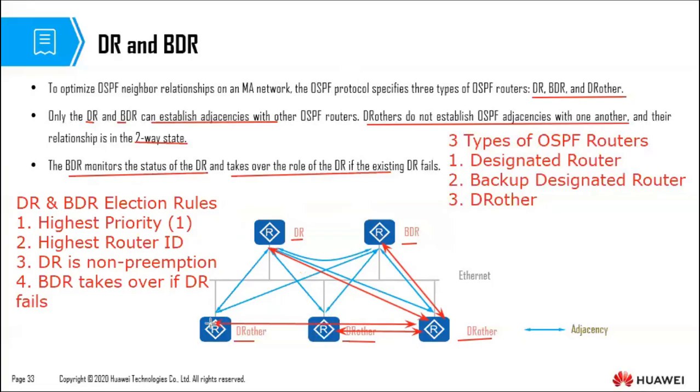So we've saved those two. What about all the others? There's a formula for calculating that, which I'm forgetting. But are you seeing that we've greatly reduced the number of adjacencies? Everyone just shares with the DR and BDR, and we get your LSAs from the DR and BDR. By that, we reduce the load in terms of storage and processing, and we also reduce the bandwidth usage of our network.